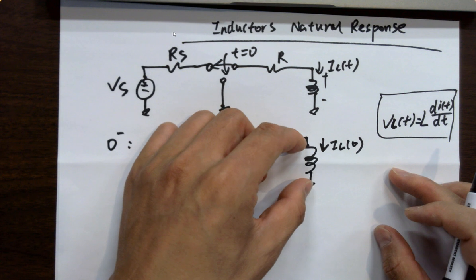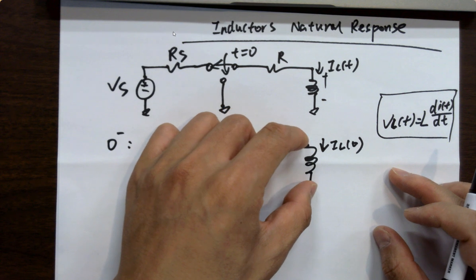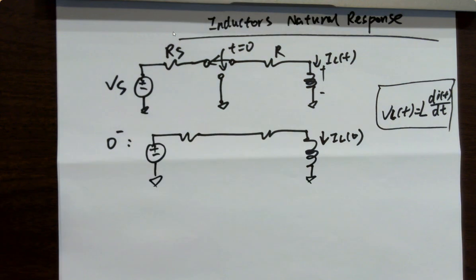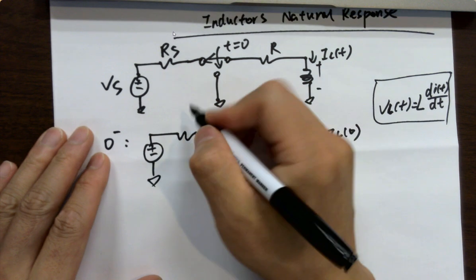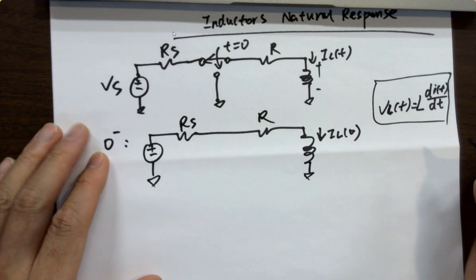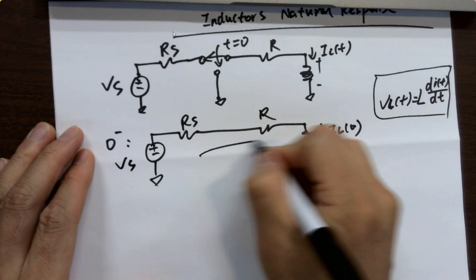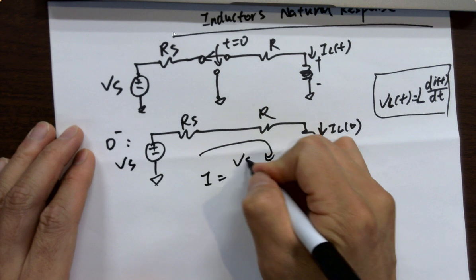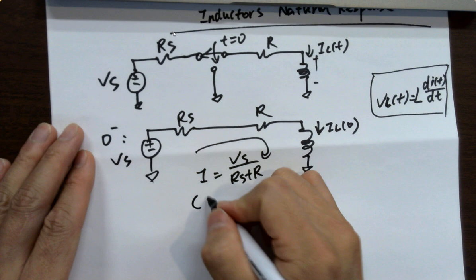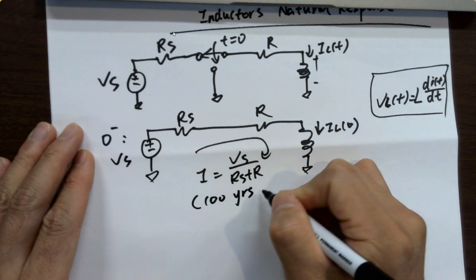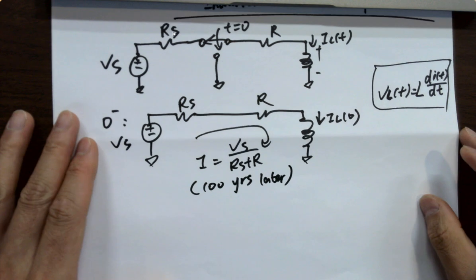It's a wire, no drop, no resistance. It's just a DC circuit with 2 resistors. What's the current? I equals VS over RS plus R.